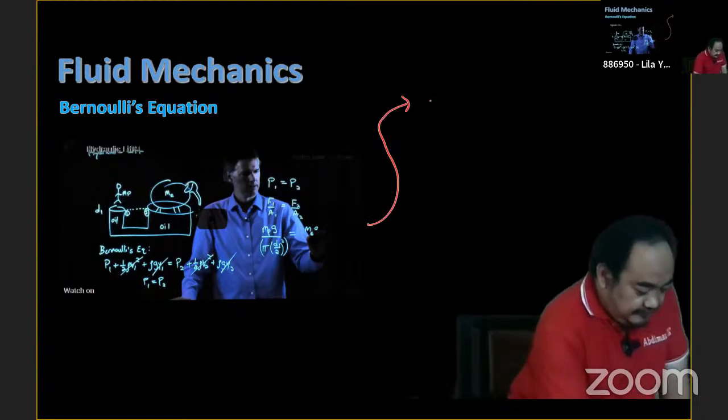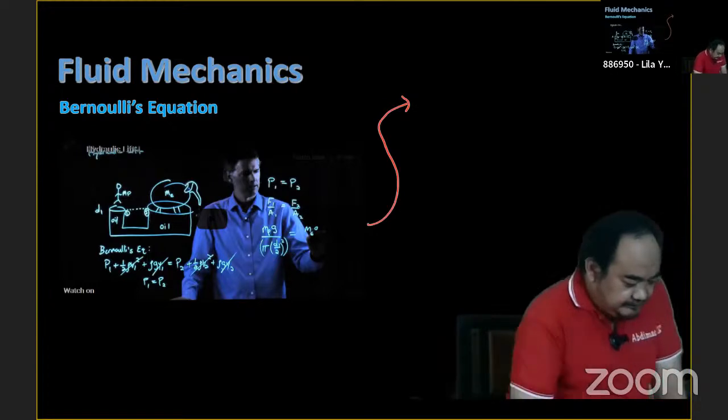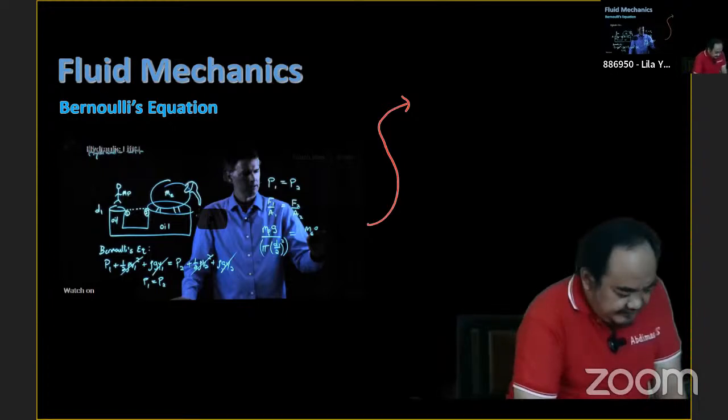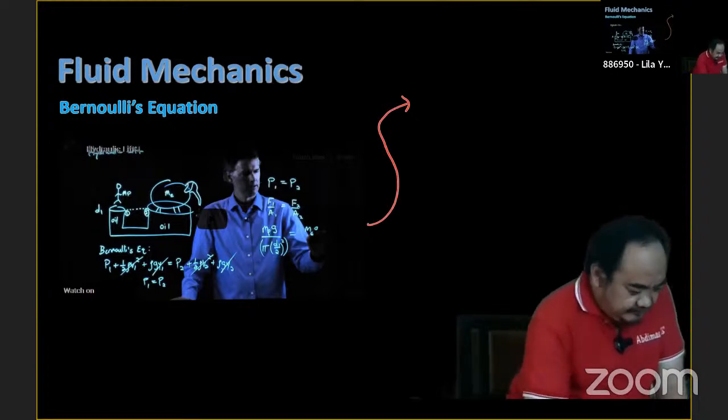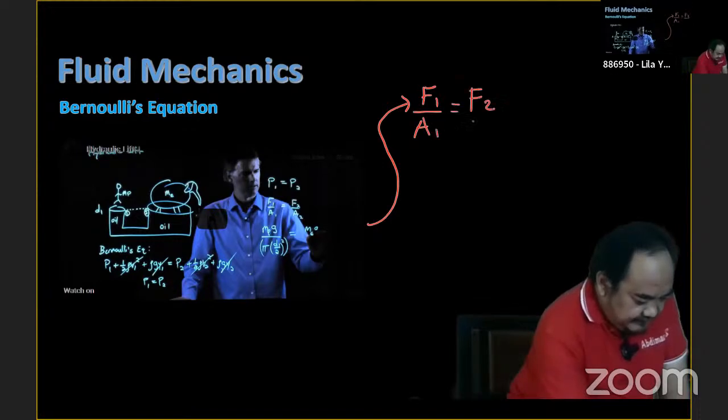Because there is an open tank here, left and right, we will have F1 over the area A1 equals F2 over A2.